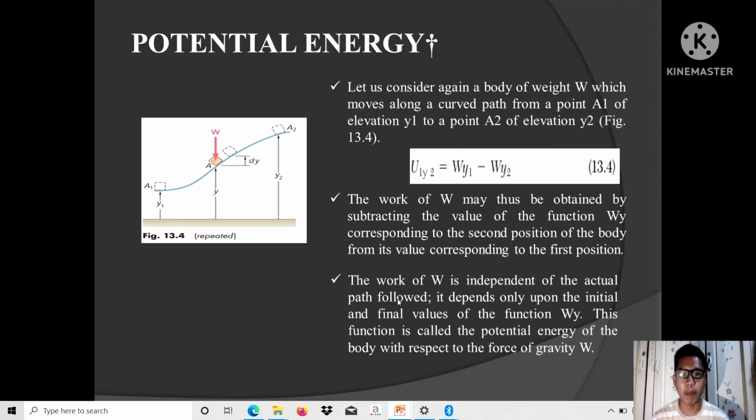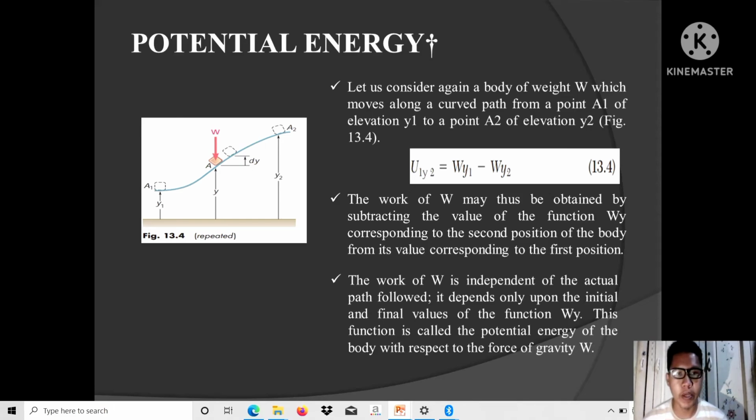The value of the work is independent of the actual path. It depends only upon the initial and final values of the function W y. This function is called the potential energy of the body with respect to the force of gravity.